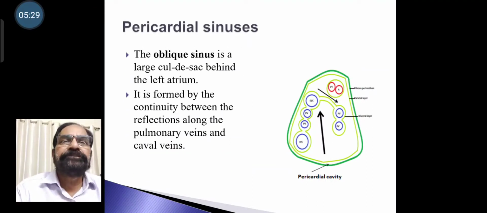Oblique sinus. Oblique sinus is a large cul-de-sac behind the left atrium. It is formed by the continuity between the reflections along the pulmonary veins and the vena cava veins.